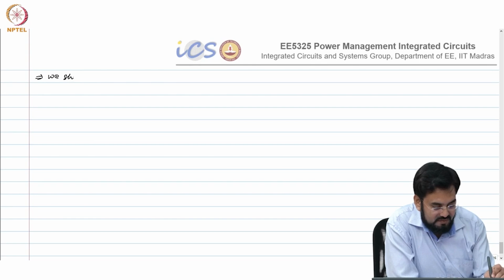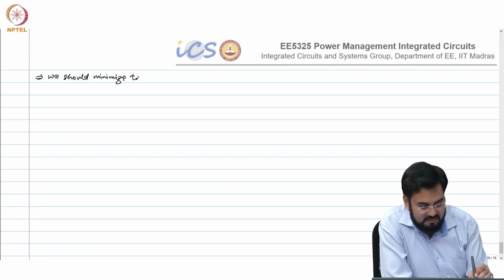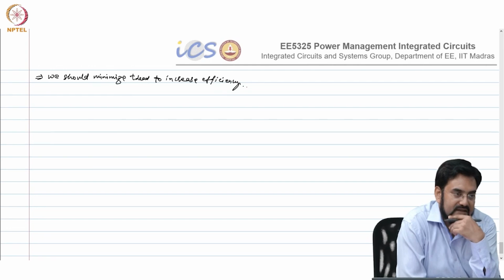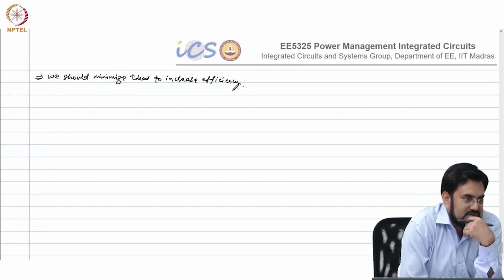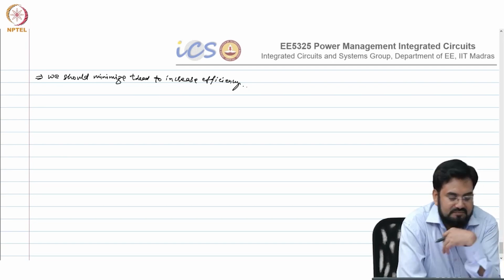So we should minimize T dead. And since this is a function of load current, at light load it will be negligible, but at mid and high load this may be significant enough to reduce your efficiency.